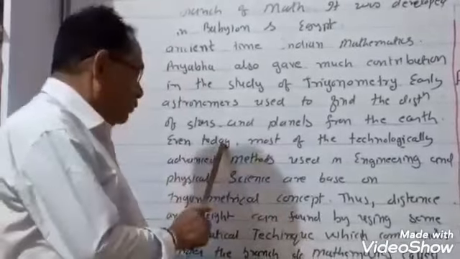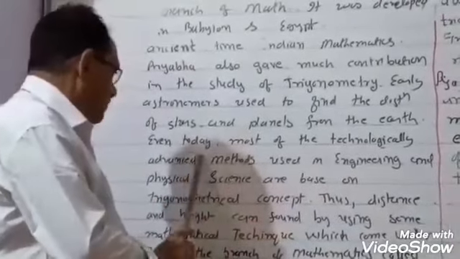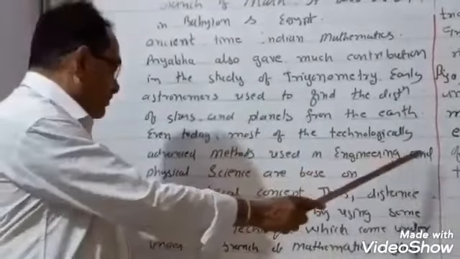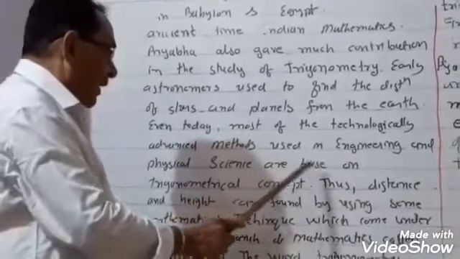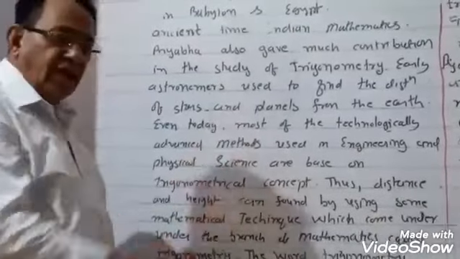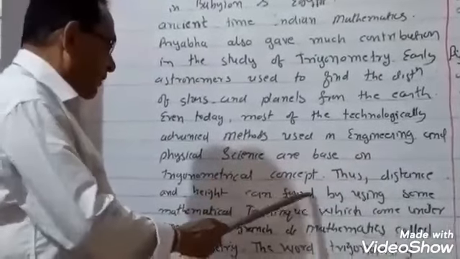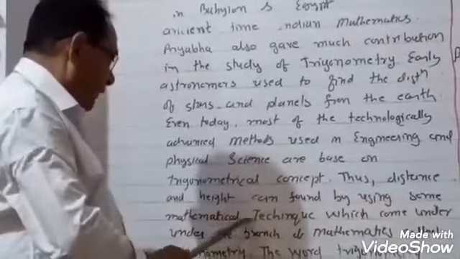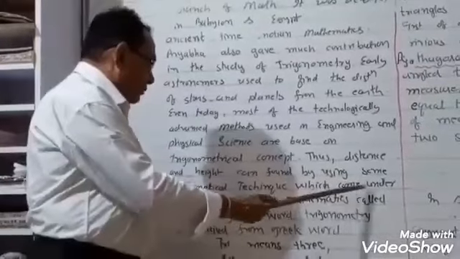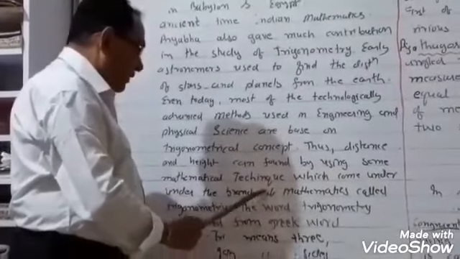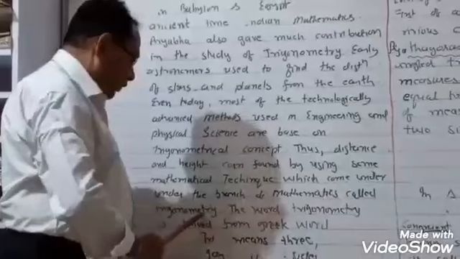Nowadays, even today, most of the technologically advanced methods used in engineering and physical science are based on trigonometrical concepts. Thus, distance and height can be found by using some mathematical technique which comes under the branch of mathematics called trigonometry.